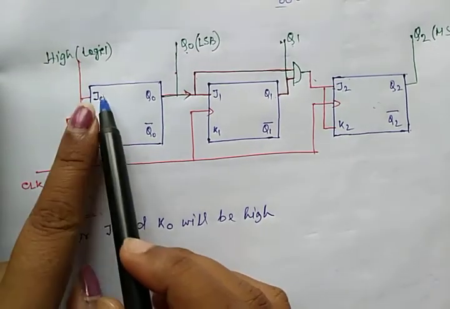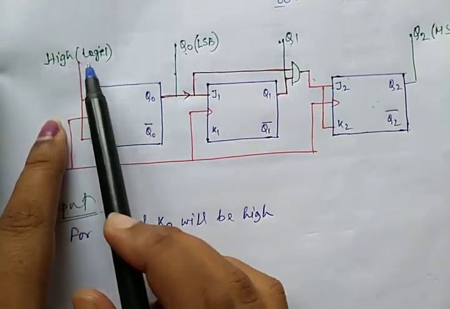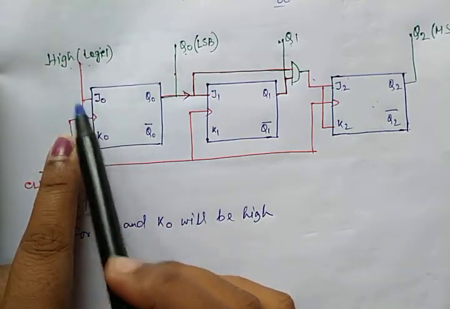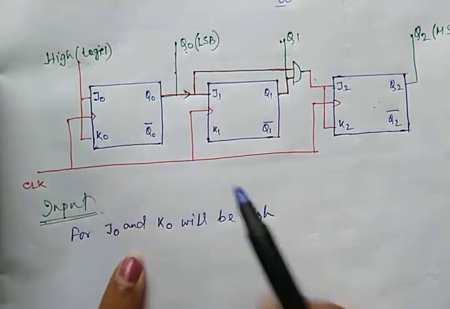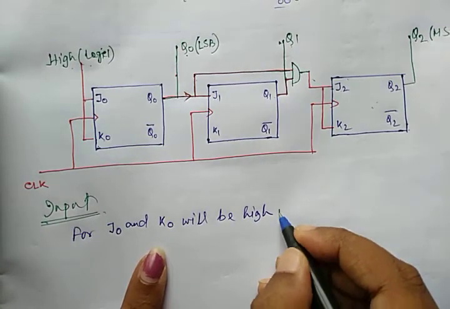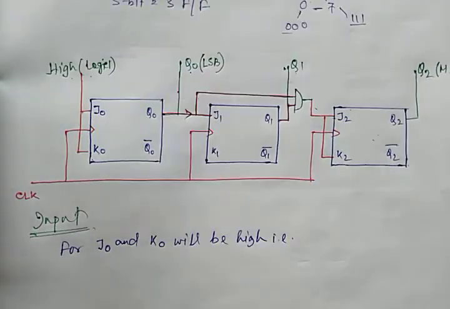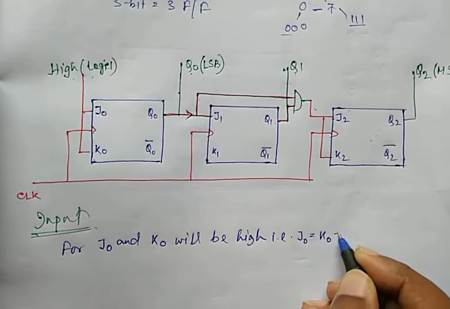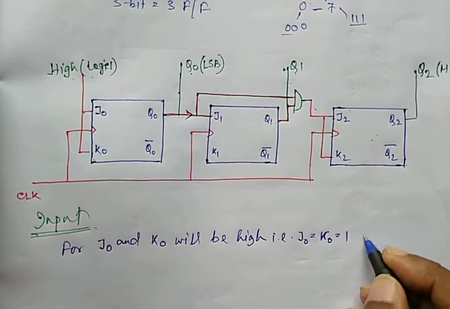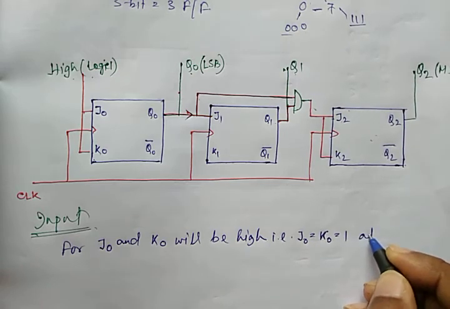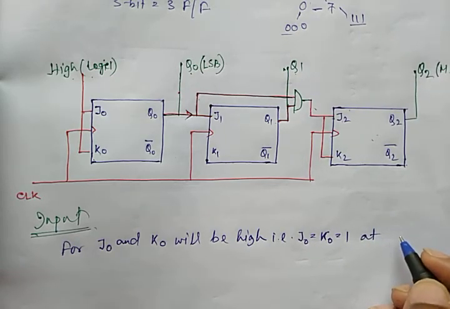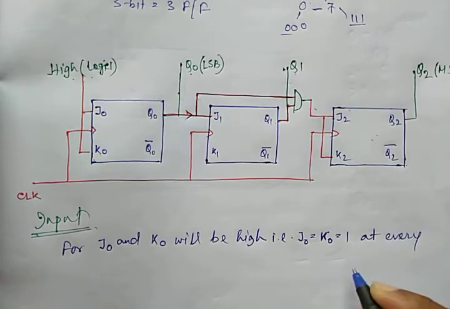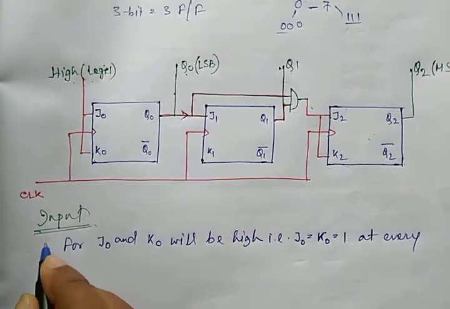This is the first flip-flop, so it will be high at every clock pulse because only a high input is fed into this flip-flop. So J0 equals K0 equals 1 at every clock pulse. This is the first point.